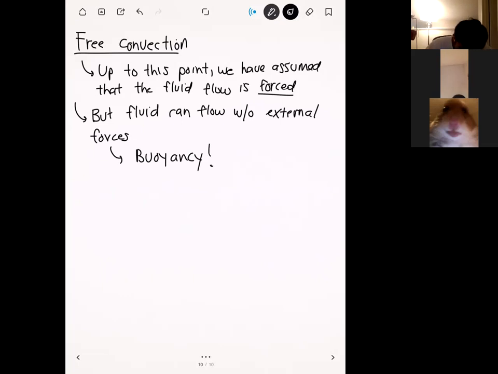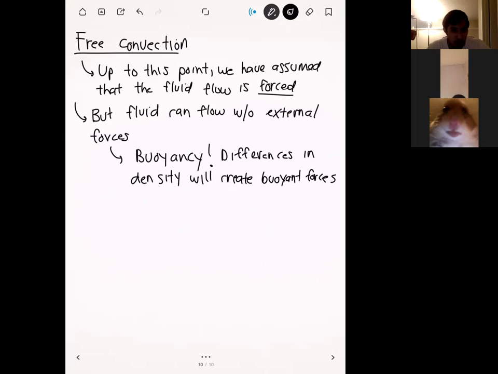So differences in density will create buoyant forces. Good old Archimedes' principle, so hopefully that rings some bells. If you can get a situation where you have differences in density within a fluid, the fluid will flow just by the action of buoyancy, right?